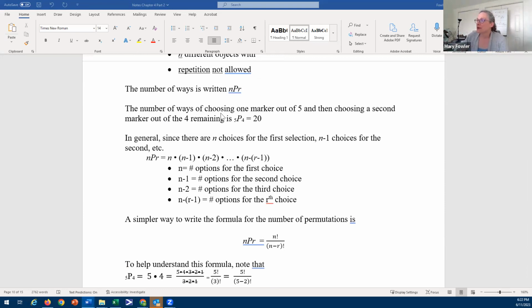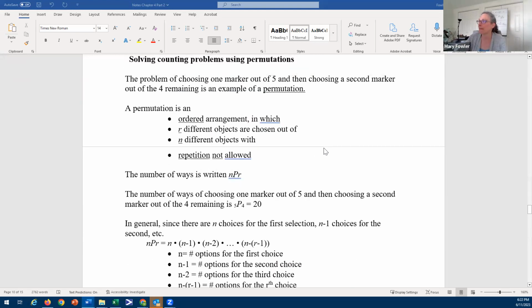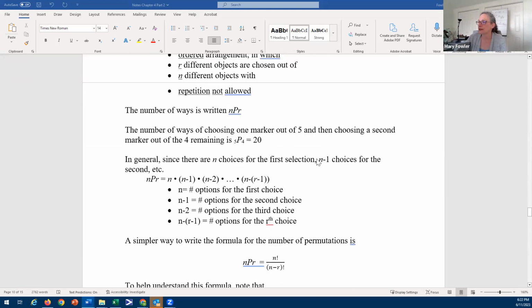So the number of ways of choosing 1 marker out of 5 and then choosing a second color out of 4 is 5P2, and we know that's 5 times 4, or 20. And so we want to generalize that now. We have a total of n objects, and we're going to make r choices.